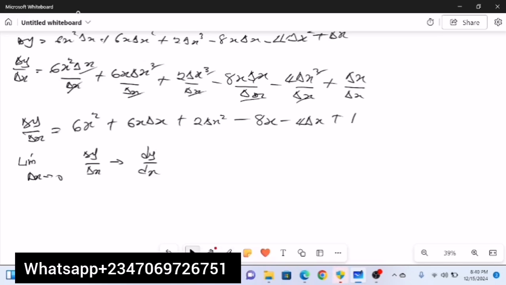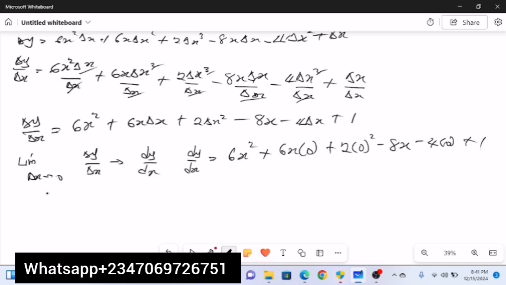So that means wherever I see change in x in this whole expression now, I'll call the value to be 0. So if I do that, I'm going to now have that dy all over dx is equal to, so I have 6x squared plus, this is 6x change in x, so in place of change in x is 0, plus 2 change in x squared, in place of change in x, that is 0 all squared, minus 8x minus 2 change in x minus 4 change in x, and change in x is 0, plus 1.